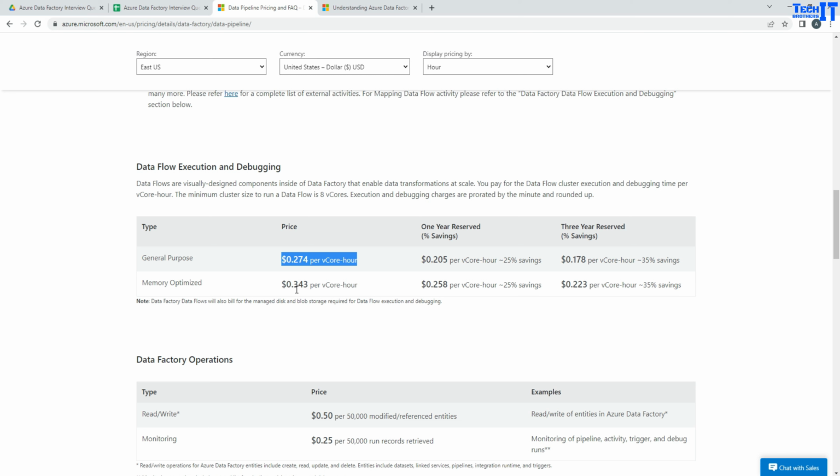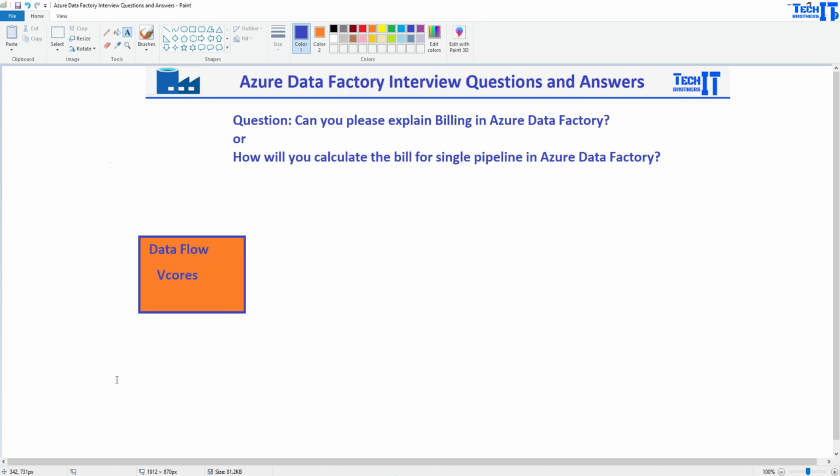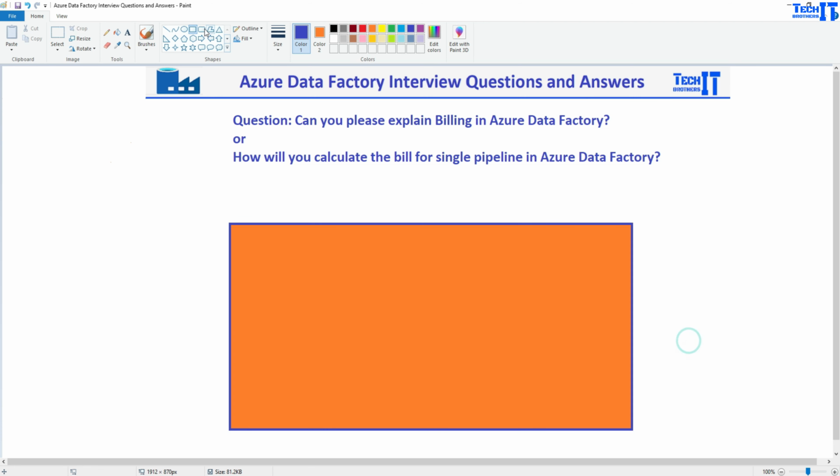A few other things with the data flow. Once your cluster is created, it's not running multiple data flows the same way you run in Azure SSIS. In SSIS, if you remember, you create the SSIS package, and this package has different data flows here, so you can run them in parallel.